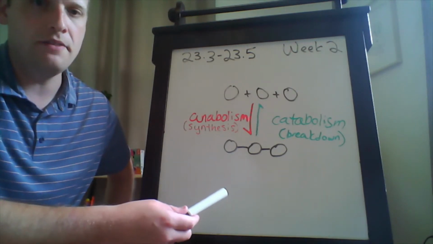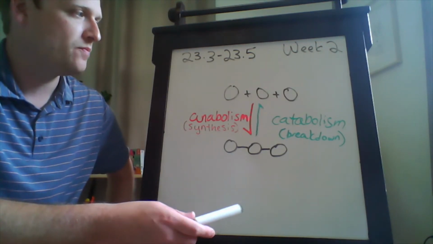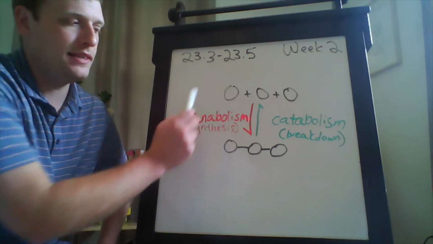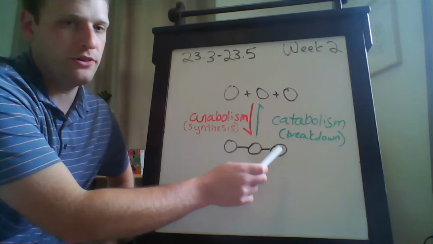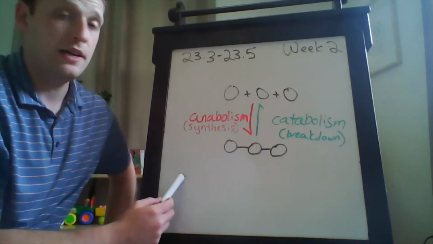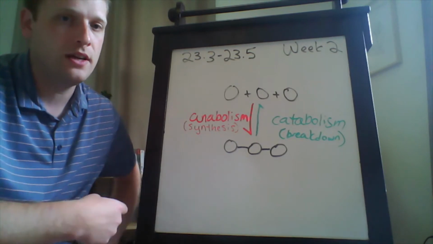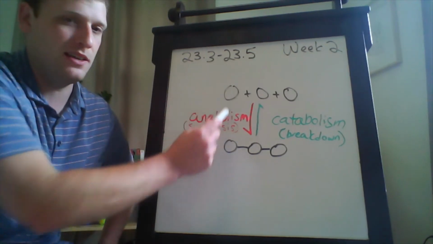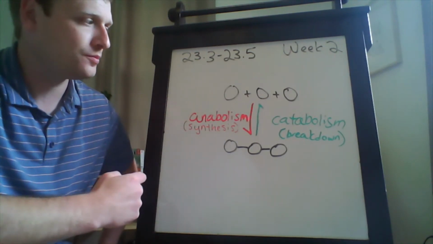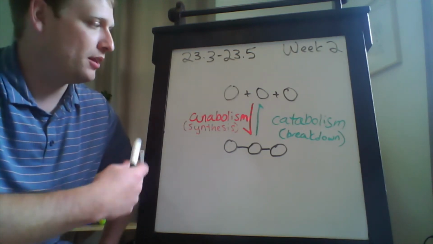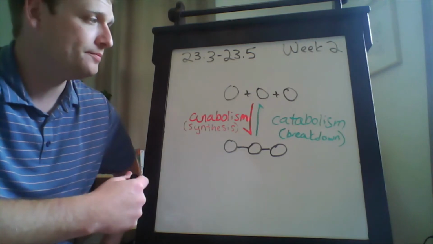So again, just a brief overview of what we're talking about is either anabolic processes that synthesize something larger from a smaller precursor. And an important part of anabolism is, of course, that it requires energy input to make this reaction occur. And again, synthesis and an anabolic process are the same thing.